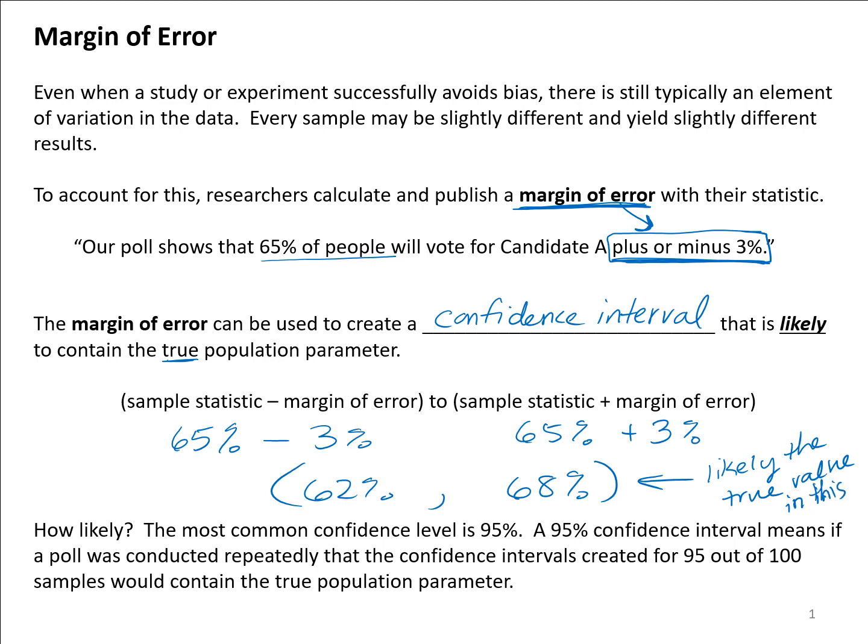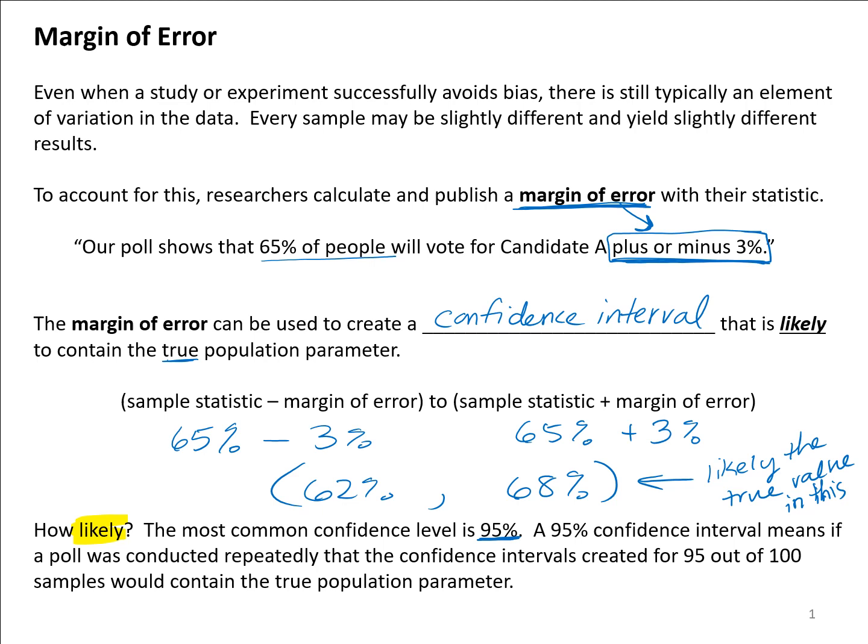Okay. Now, the question you might be asking yourself is, it says likely. Well, how likely? Well, a pretty standard level of confidence is what we call 95%. But in terms of what that 95% means, let me explain it with an example.